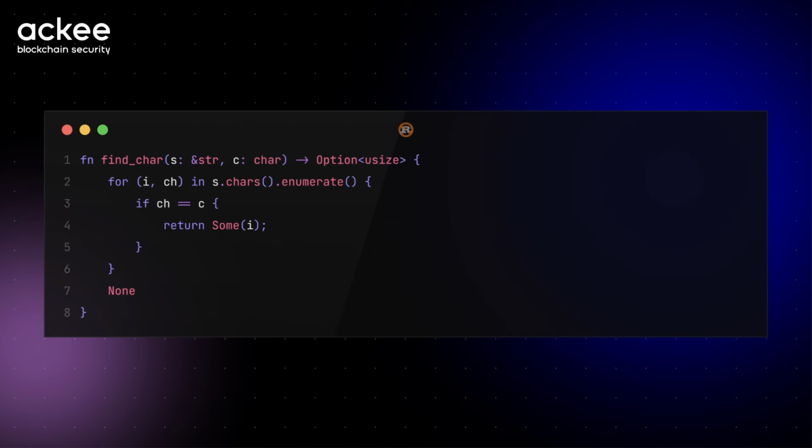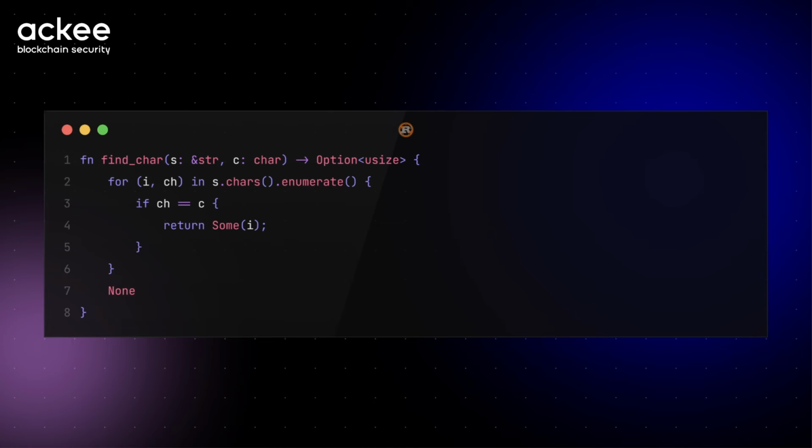For Option, we have the final value wrapped in Some, or the None value, or the None option. You can see we have again specified a function which takes a character and a reference to a string. In this case, we have a slice or reference str type, and then we return the Option.